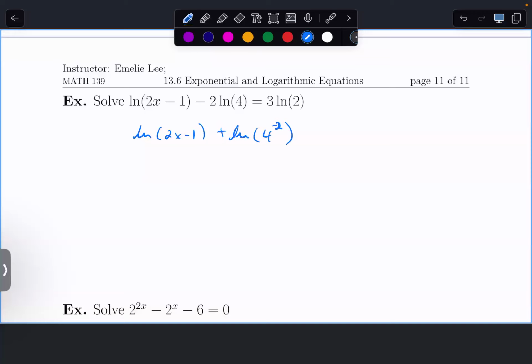And I can do that, which is the log of 2 to the power of 3. Makes it easier.